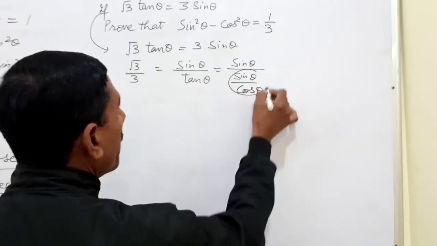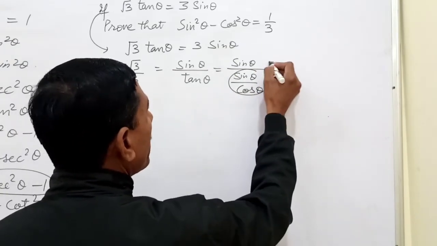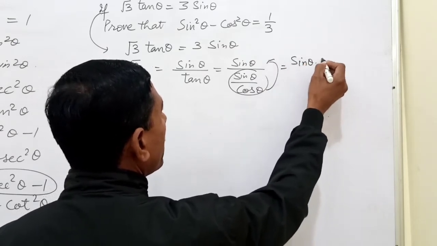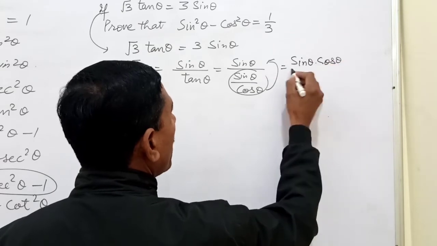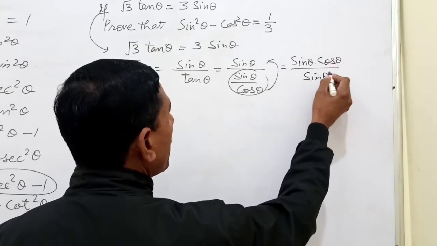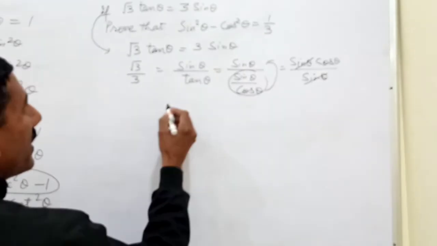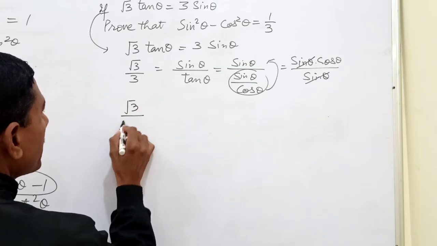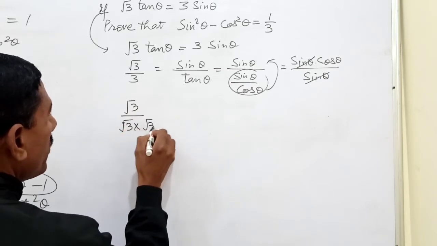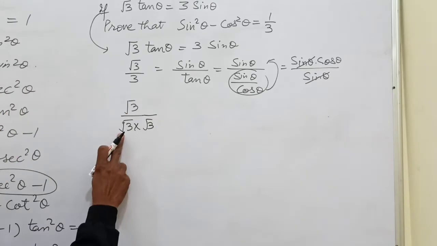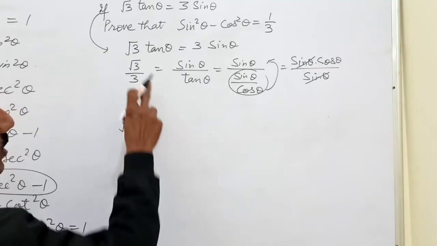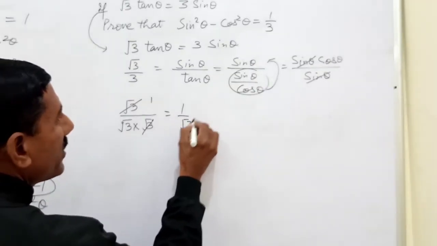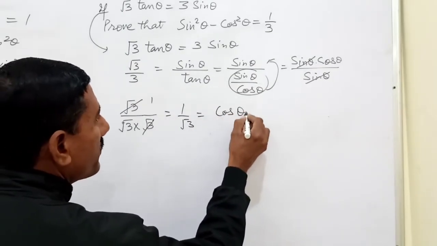This is the value of tan, so cos goes up, and it becomes sine theta into cos theta upon sine theta. Sine theta cancels with sine theta, and we have root 3 upon 3. 3 can be written as root 3 into root 3, because the product of root 3 and root 3 is 3. So in place of 3 we write this, and these cancel. So 1 upon root 3 is equal to cos theta.